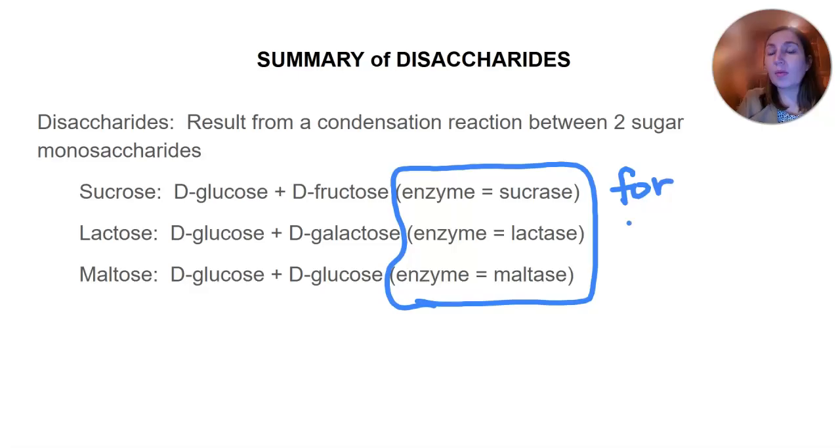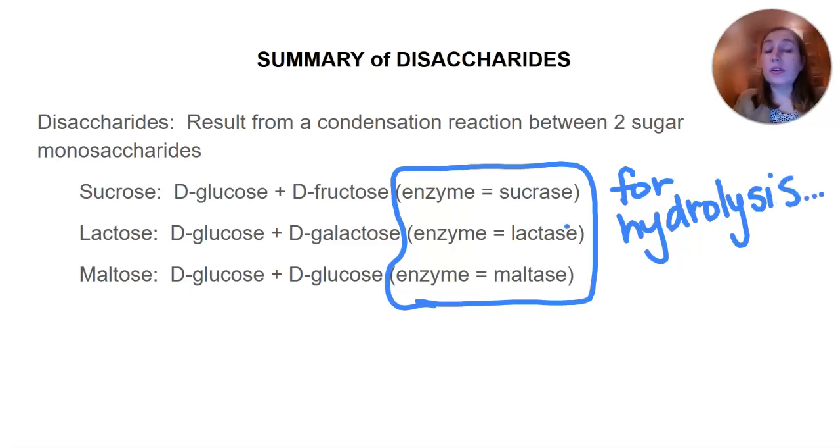So the enzyme required for hydrolysis, or for breaking up these disaccharides, for sucrose, it's sucrase. For lactose, it's lactase. For maltose, it's maltase. Okay, so to make a disaccharide, you condense two sugar monosaccharides.